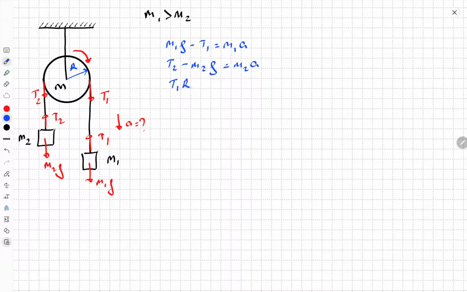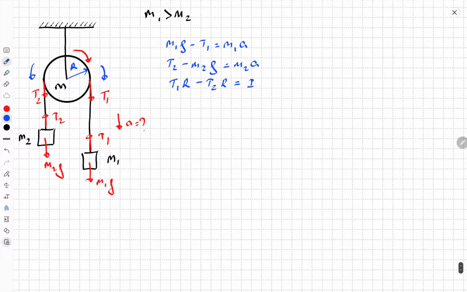T1 times radius, this is the torque of T1, minus the torque of T2, because it wants to rotate it anticlockwise. This should be equal to the moment of inertia times the angular acceleration of the pulley.